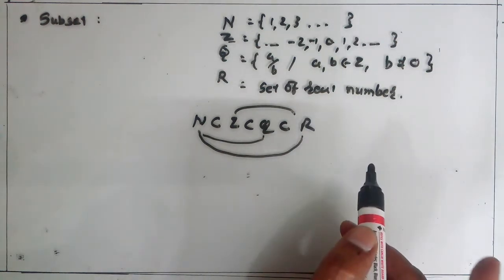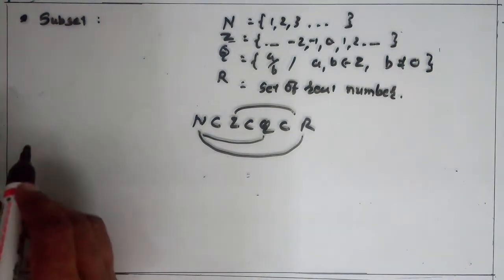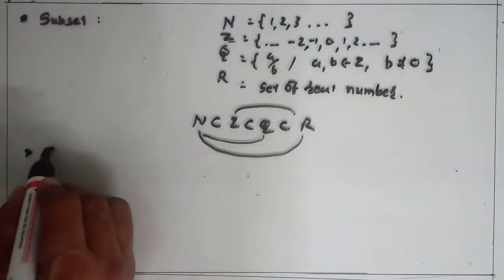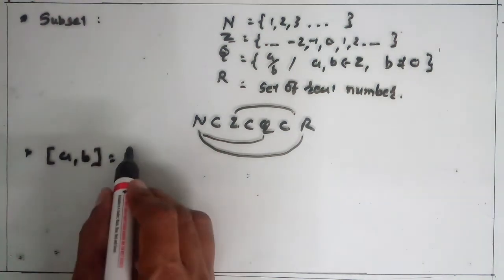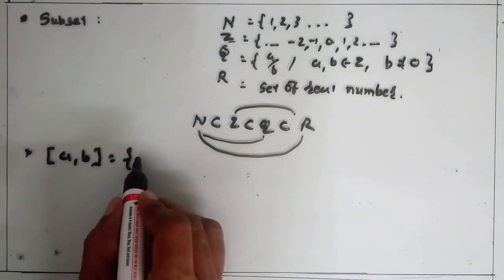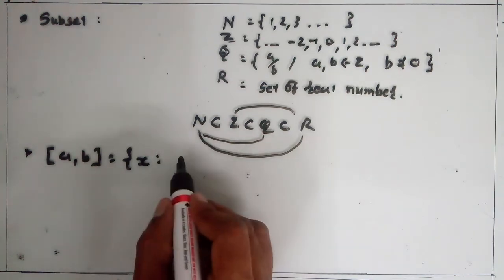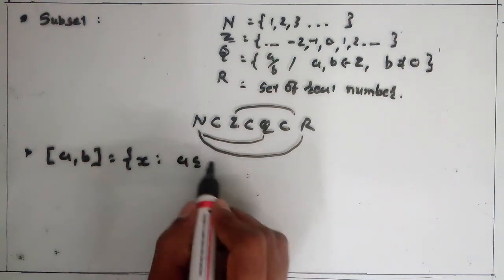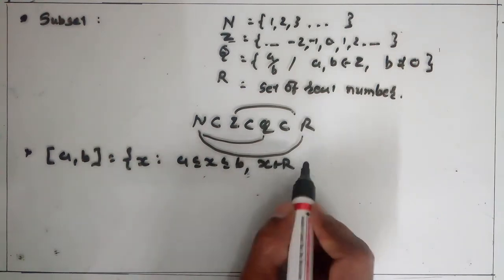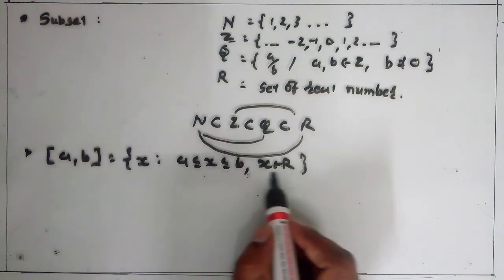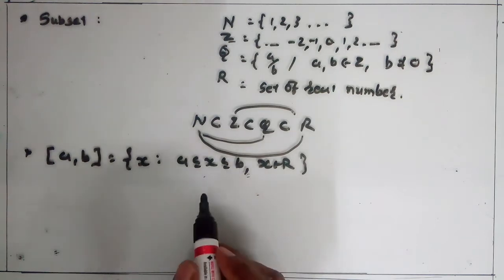Is it clear? Now here we think about intervals. First, the closed interval [a, b]. The closed interval [a, b] is the set of all real numbers x such that a ≤ x ≤ b, x belongs to R. That is a set of all real numbers between a and b, also a and b.